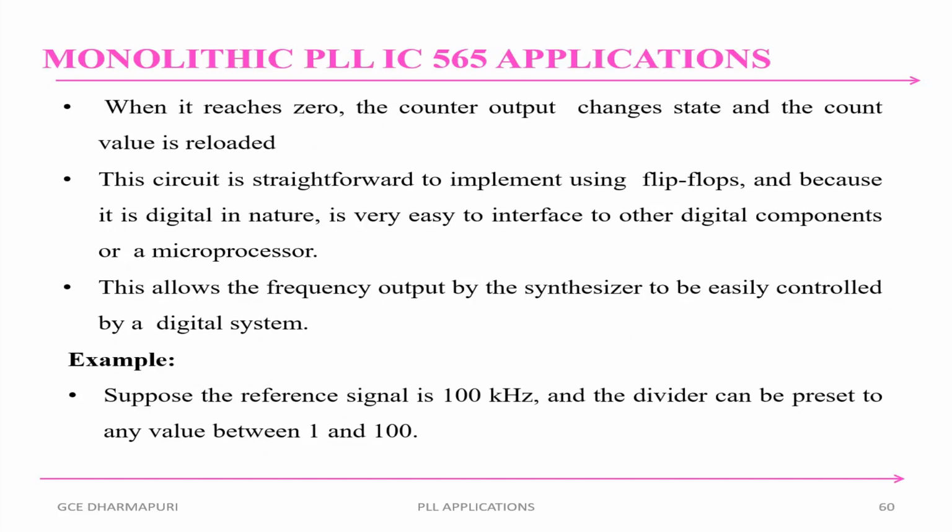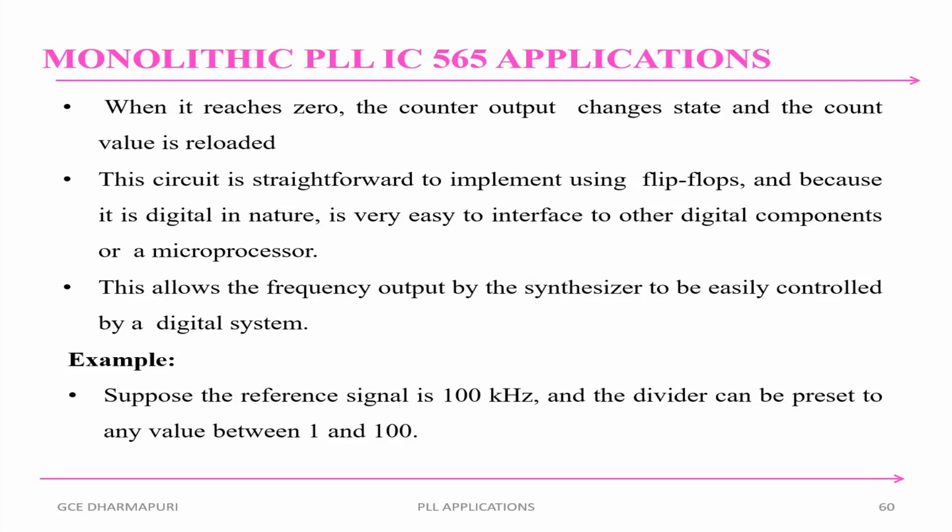When it reaches 0, the counter output changes state and the count value is reloaded. This circuit is straightforward to implement using flip-flops because it is digital in nature. It is very easy to interface to other digital components or a microprocessor. This allows the frequency output by the synthesizer to be easily controlled by a digital system.